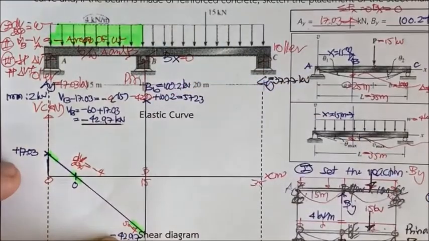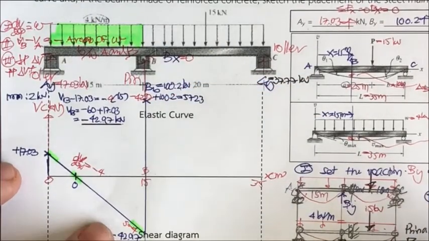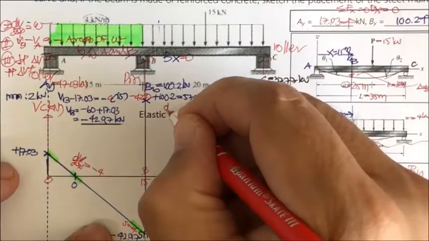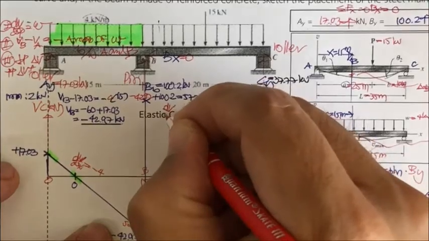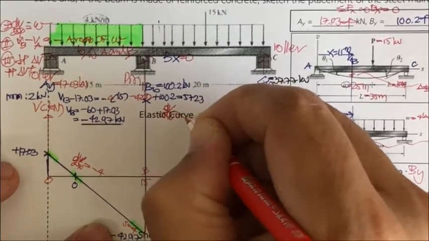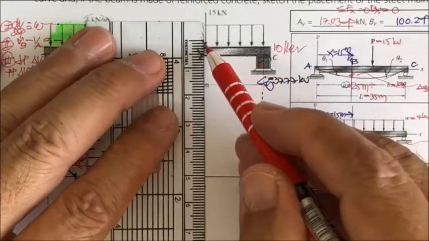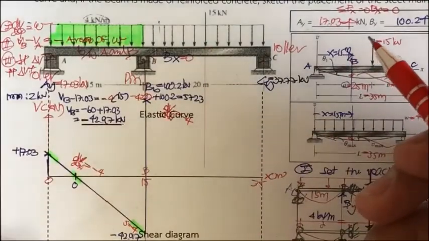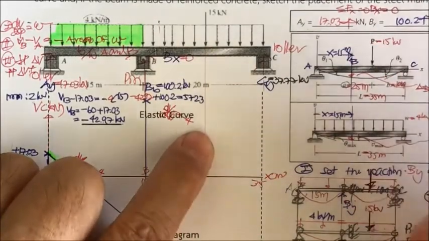This is going to be 57.23. And then you move down here. When you move down here, you have the dV by dx equal to minus 4. And it's going to be about here. What we have here is what?